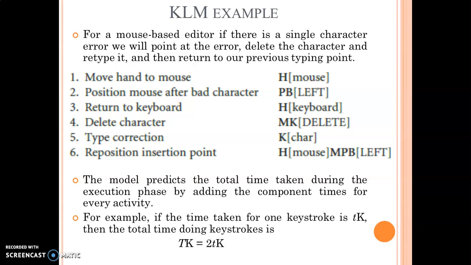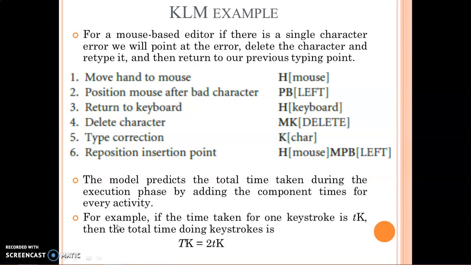Imagine we are using a mouse based editor. If there is a single character error, we point at the error, delete the character and retype it, and then return to our previous typing point. This is decomposed as follows.